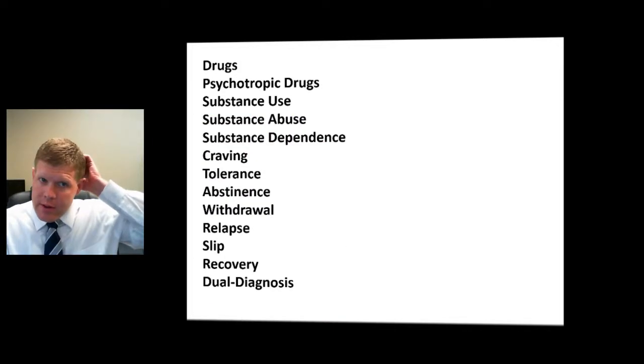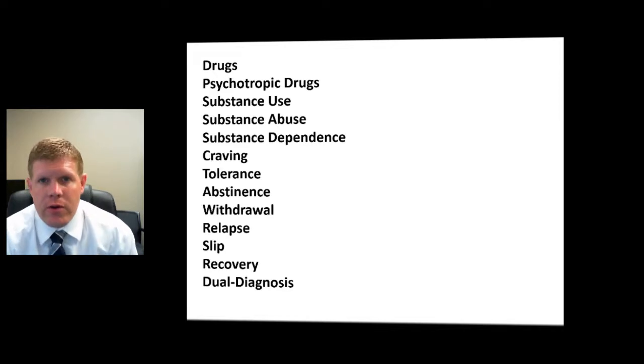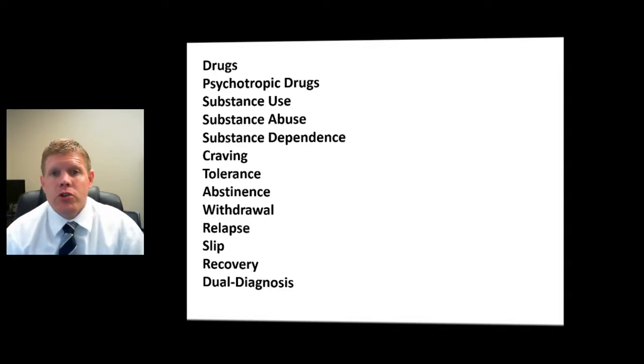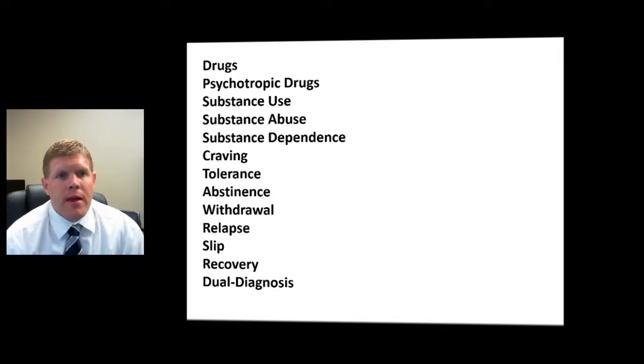In your chapter about conceptualizing addiction, there are several terms brought up that you should know, that will be important for you to be able to discuss, understand, treat, and work with addiction competently.